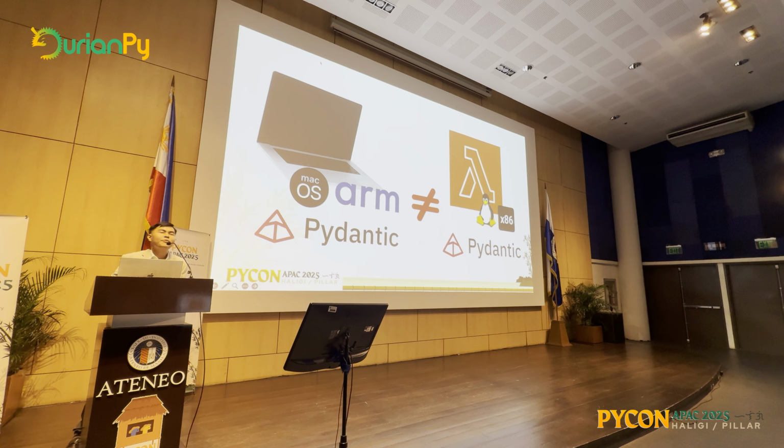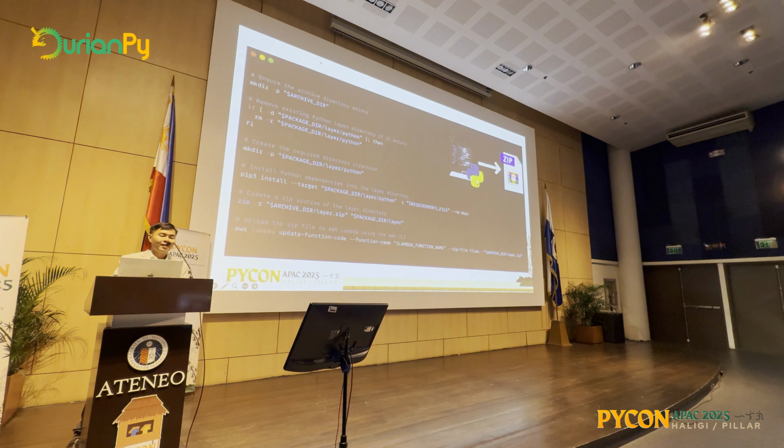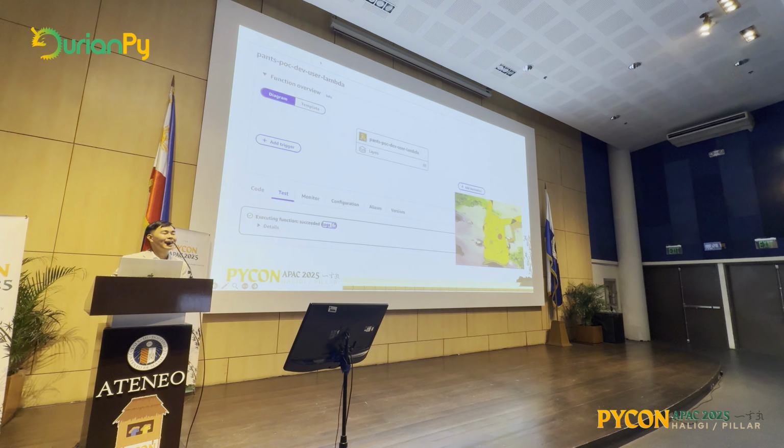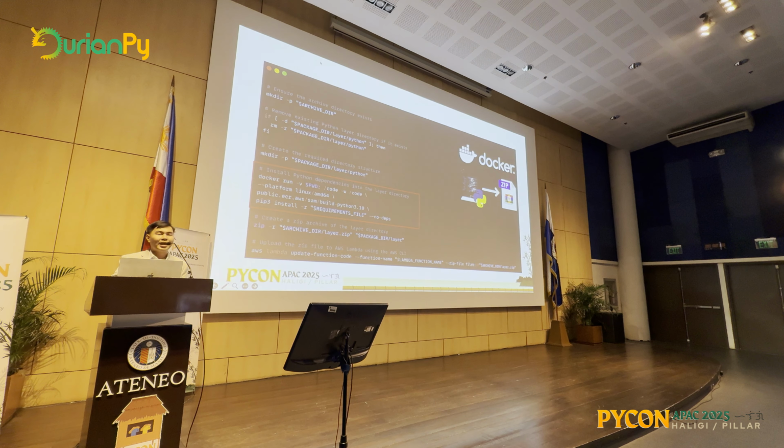We can usually fix that if we add this line of code here, where you just dictate what platform we want for our pip install. And just like that, we have a working Lambda function. You can also emulate the CPU and the operating system with Docker, and all is good.